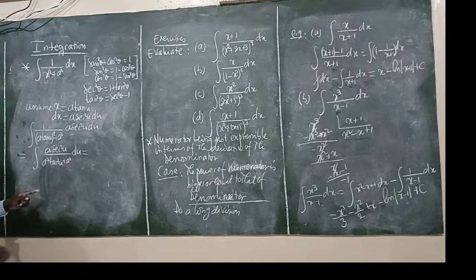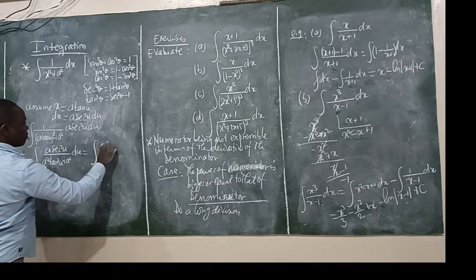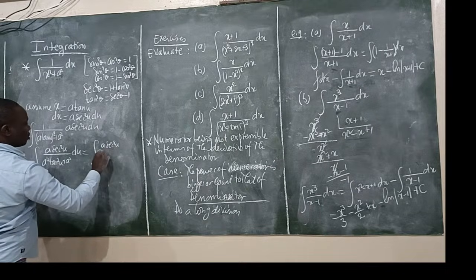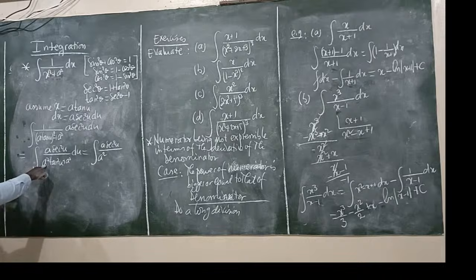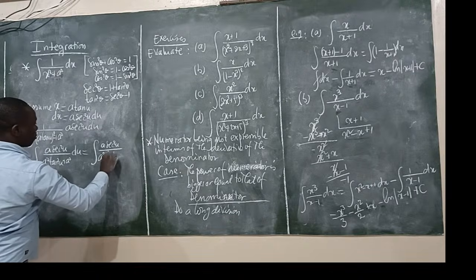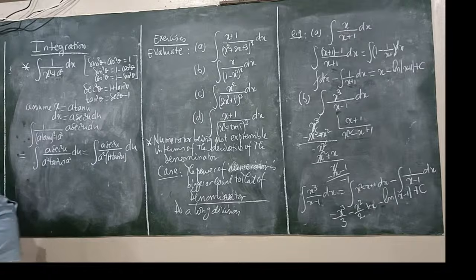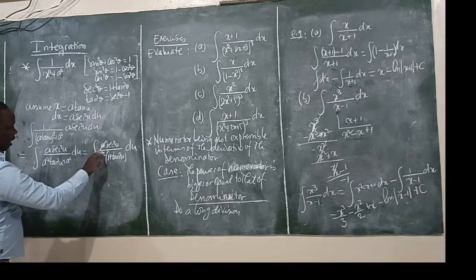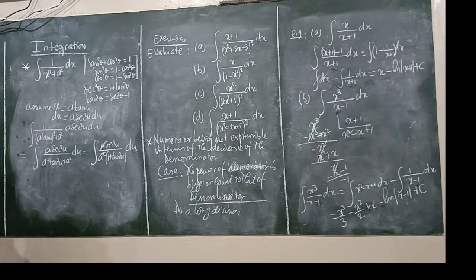This is equal to the integral of a sec squared u divided by, let's factor by a squared, because here is a squared and here is a squared. This will be 1 plus tangent squared of u, then du. Here we can simplify this a and this a squared to stay with a on denominator.